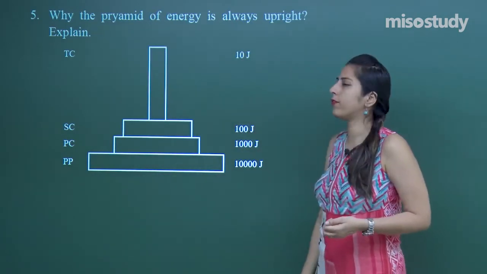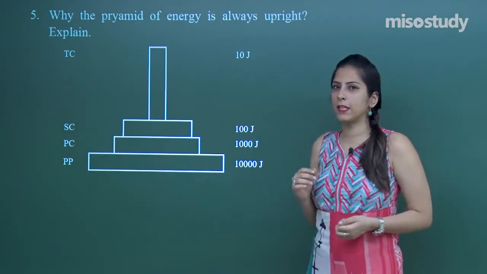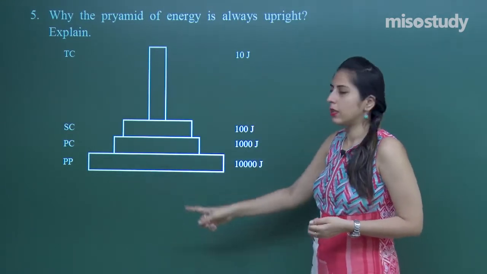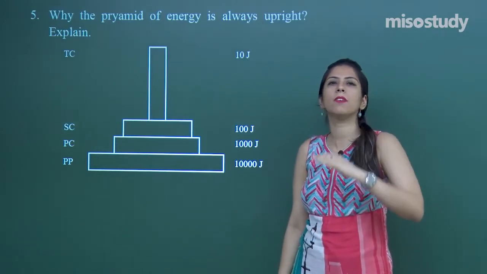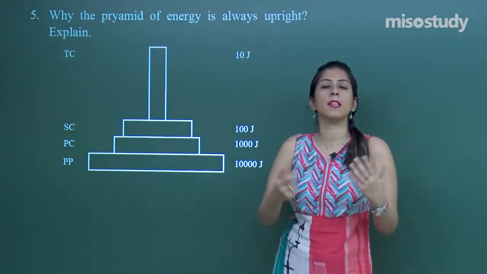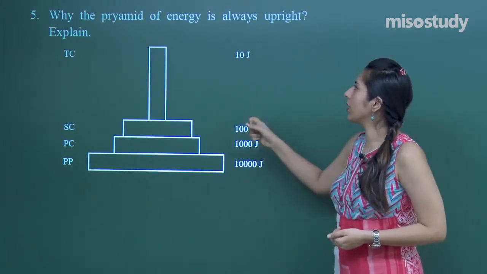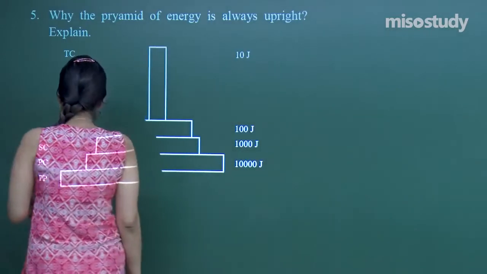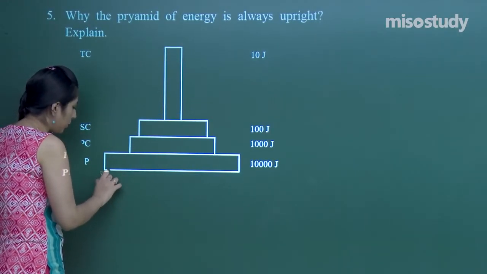So, this is question number 5, again it is of 2 marks. Why is the pyramid of energy always upright, explain. Now, when we talk about a pyramid, a pyramid is a graphical representation in which the different trophic levels are arranged. They can be on the basis of energy, they can be on the basis of biomass, they can be arranged on the basis of number as well. In this question, they have mentioned the pyramid of energy. Here the PP, can you see this PP is here? Here this PP means primary producer.